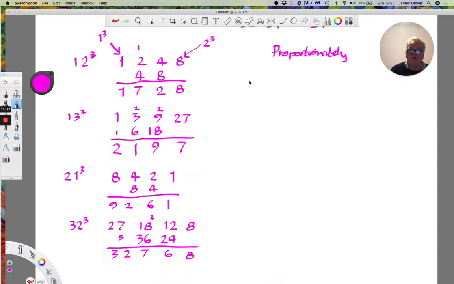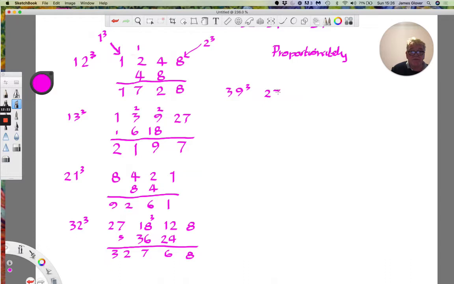I'll look at one more example to show a more advanced aspect. It's 39 cubed. I'm going to do this in two ways. Because if we just leave the 39 like this, the numbers get quite large. So you'll see 3 cubed is 27. So that's the first number.